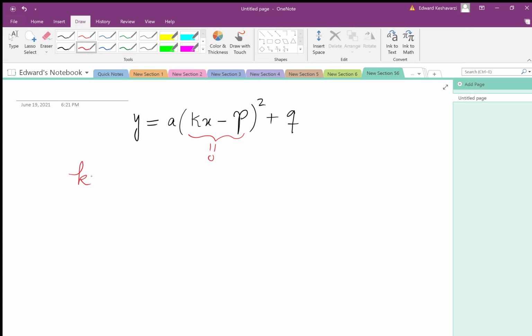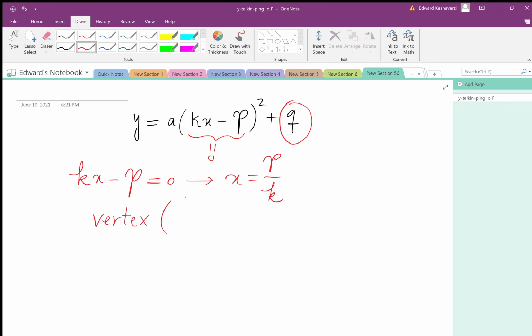So kx minus p equals 0, x becomes p over k, and the y value of the vertex is q. Therefore, the vertex can be written as p over k and q.